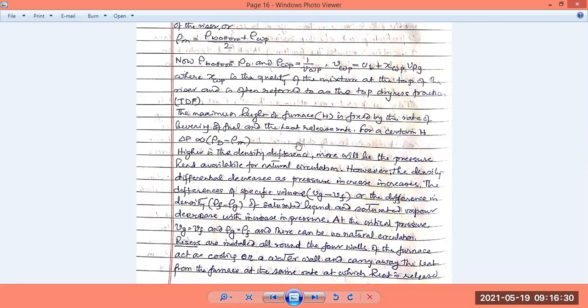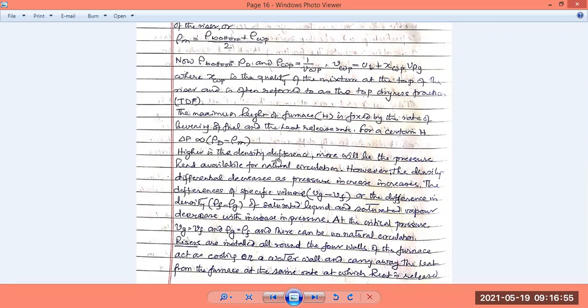For a custom design, H is proportional to rho_D minus rho_M, where rho_D is the density of the water in the downcomer, and rho_M is the density of the mixture when it is circulated and mixed with water and vapor.